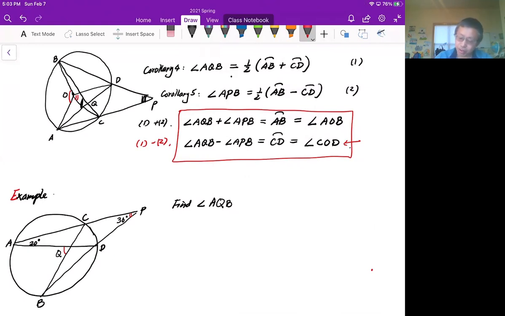So I'm going to use the second part here. So you get the angle of the AQB minus the angle of the P equals the arc of the CD, right? That's from here. Can you use this to finish your answer?